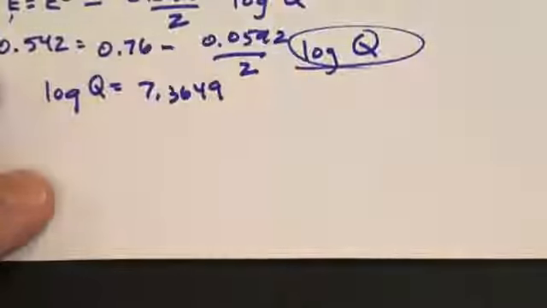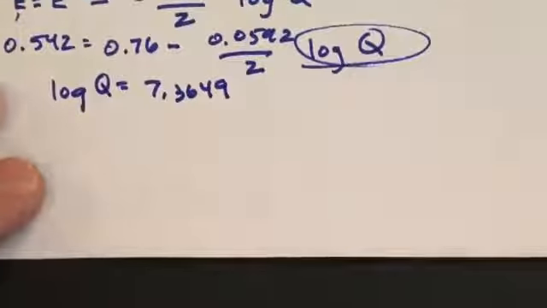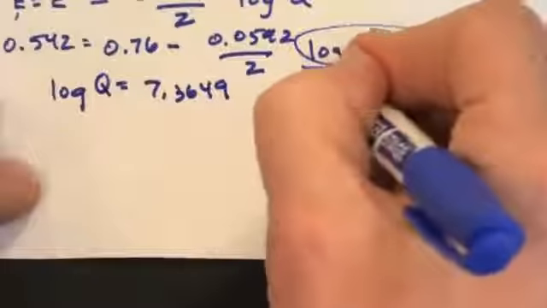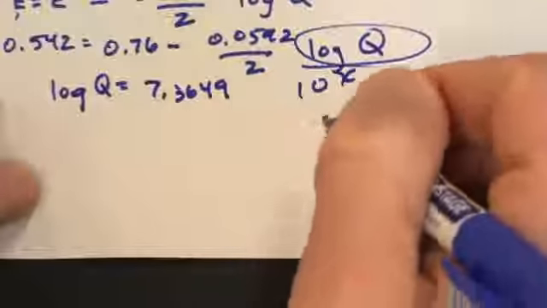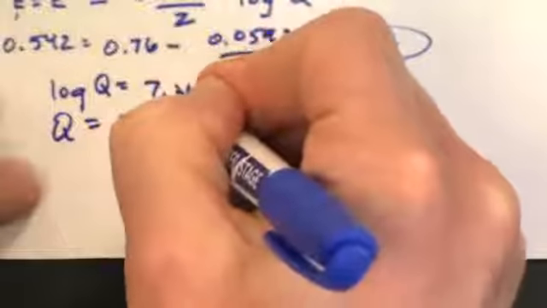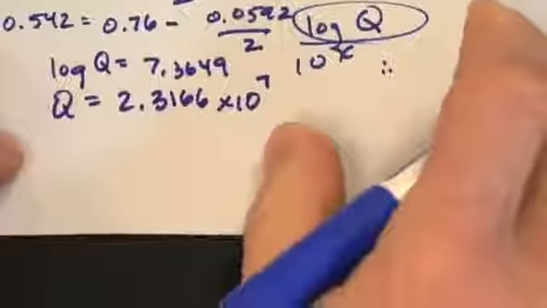I'm just carrying a bunch of decimals along now. And then to get rid of the log, remember we raise it to the 10 to the x on our calculator. And therefore, Q is equal to 2.3166 times 10 to the 7th, a really nice big number.